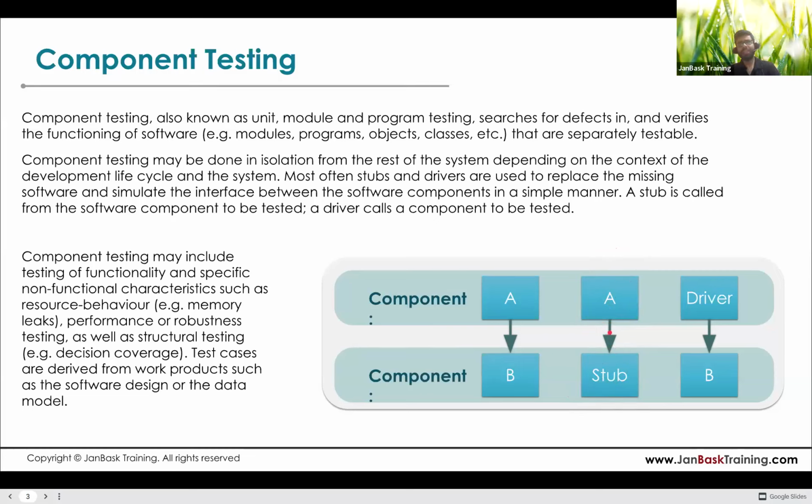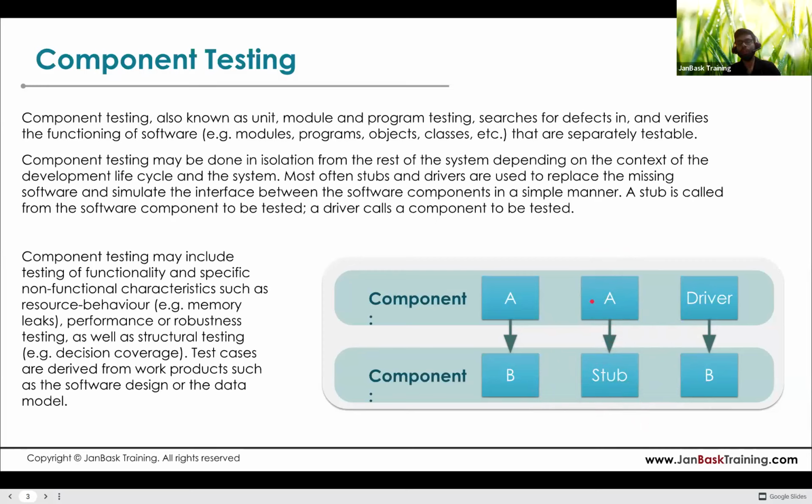Just take an example: we have the payment module. When the payment is successful, you should get that the order is confirmed. But if the payment fails, you should get that the payment is not successful, your order is not confirmed. Now this order confirmation module is not developed yet, but you have the payment module ready and you need to test it.